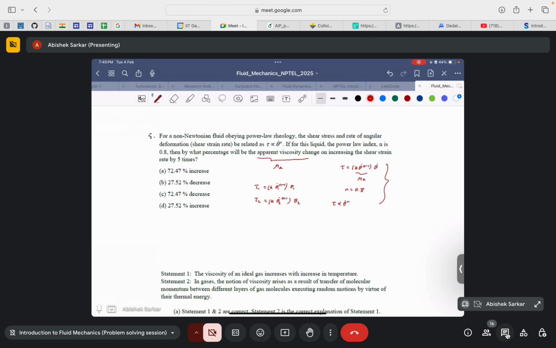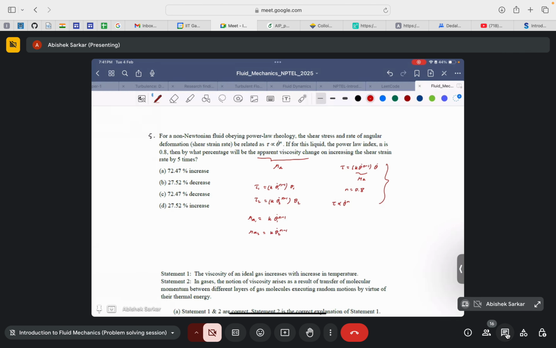Or you have that mu a1 is k theta dot 1 to the power n minus 1 and mu a2 is k theta dot 2 to the power n minus 1. Okay, this is the apparent viscosity.